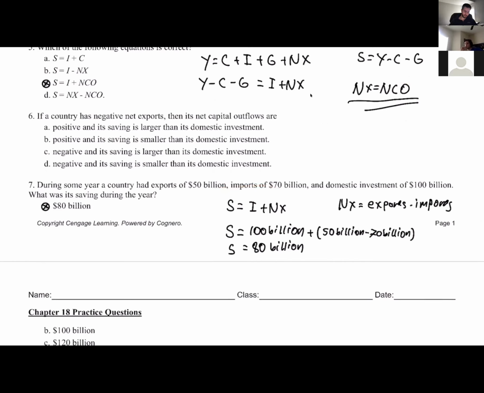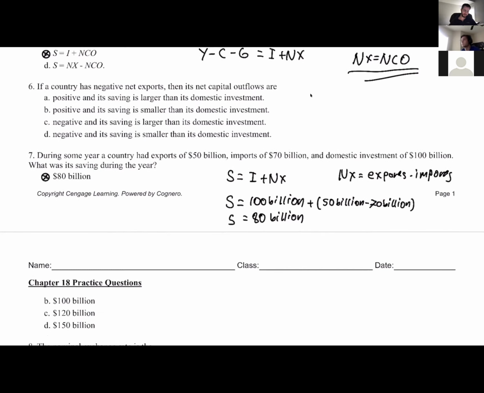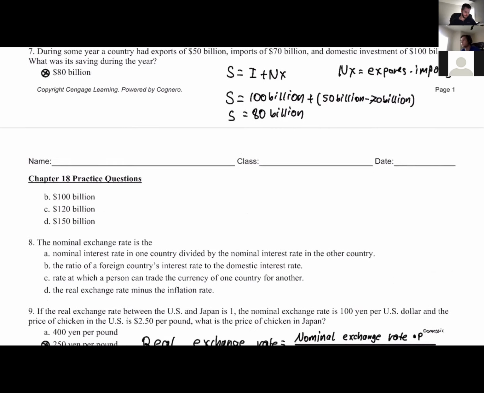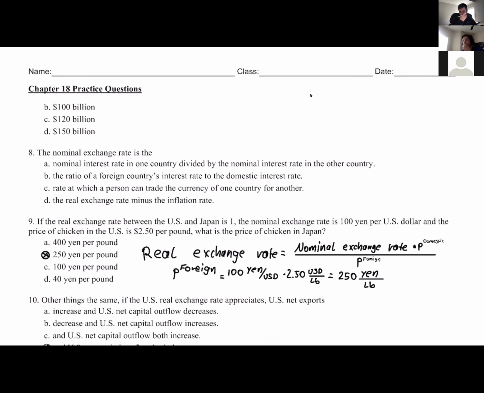You basically just plug in 100 billion for investment and 50 billion for exports and 70 for imports, and that should give you 80 billion. So it's very easy if you know this formula, just reading and plugging in, plus minus, no complicated math at all. Here again, it's basically just memorizing the formula and applying it.